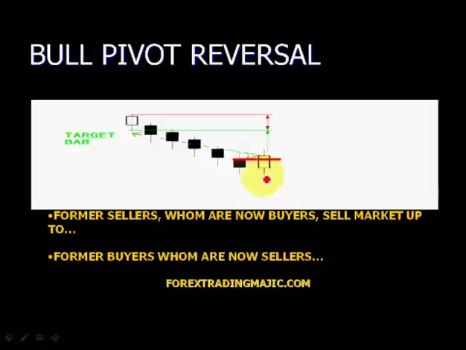This is an outside bar, so it made a lower low than the swing bar, but that doesn't matter, as long as it closes higher than the open here. In case it did not make a lower low than the swing bar, then our stop would go below the low of the swing bar. But in this case, our stop would go below the low of the reversal or the pivot bar.